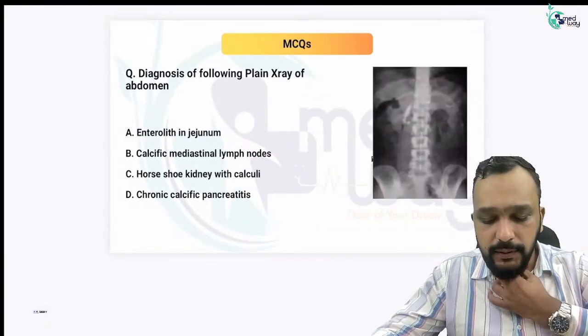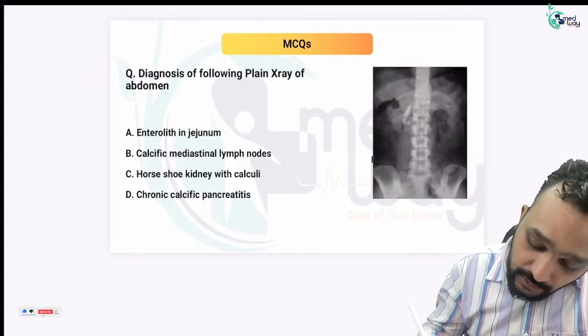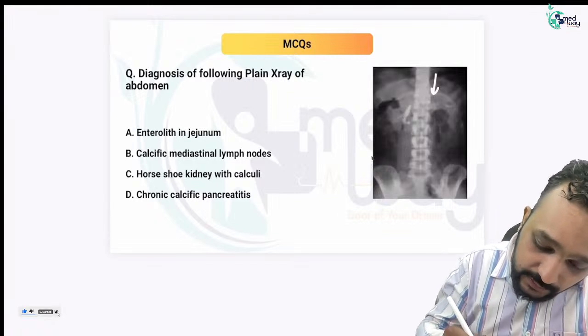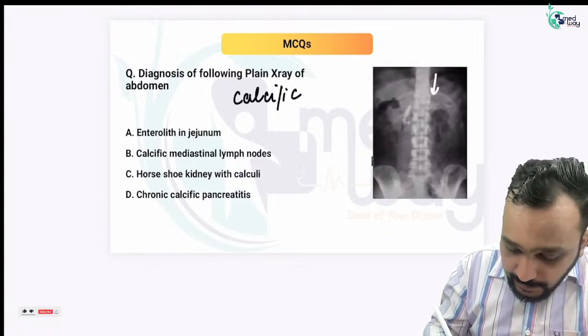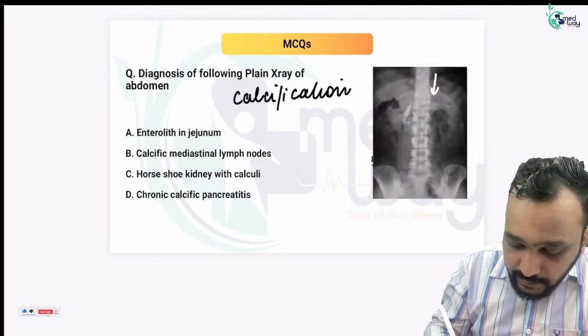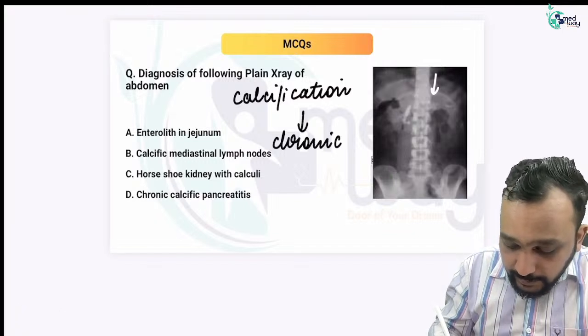Now another simple question: a plain x-ray of the abdomen was shown to you. What you can see is calcification in the region of the pancreas, which is typical of chronic pancreatitis.